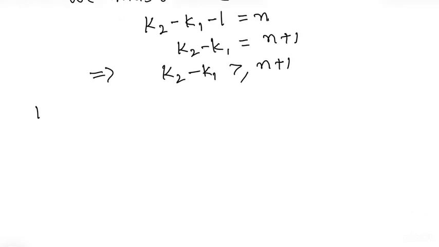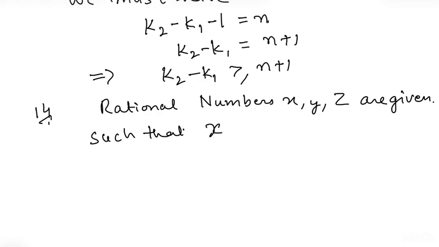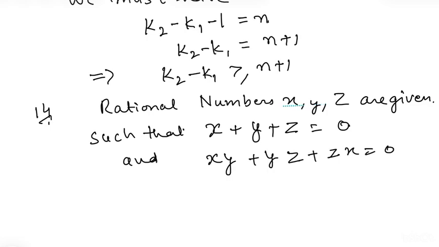So question number 14 is: 3 rational numbers x, y, z are given such that x plus y plus z is equal to 0 and xy plus yz plus zx is equal to 0.